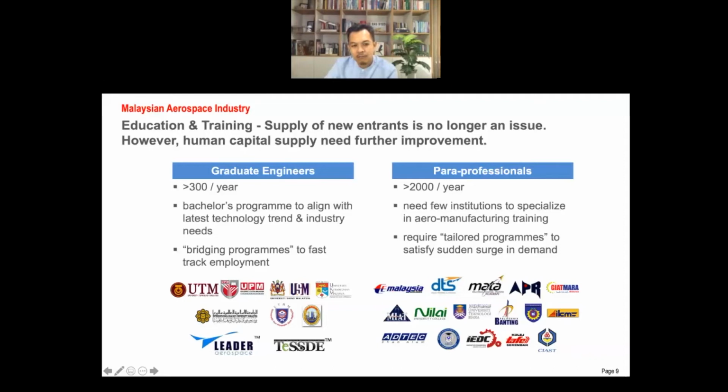The government previously organized these programs to bridge the gap between the knowledge the industry wants and the knowledge they acquire from the universities, and through these two programs, it is basically to accelerate the training.